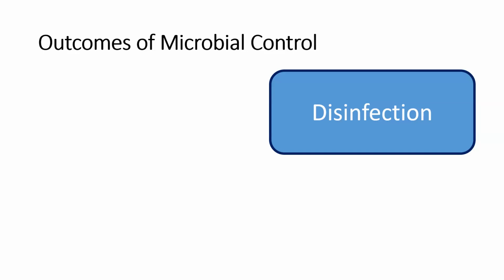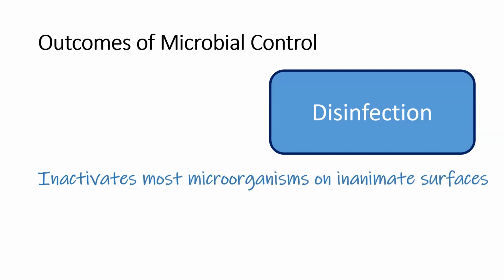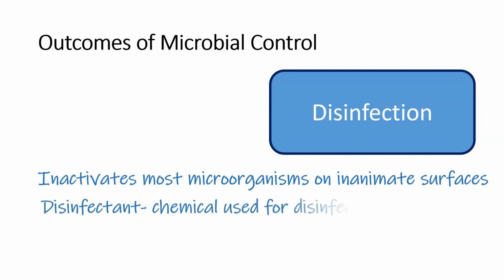The process of disinfection inactivates most microorganisms, specifically pathogens on inanimate surfaces. A chemical that's used for disinfection is called a disinfectant. Disinfection is a very common process with wide applications, in contrast to sterilization.